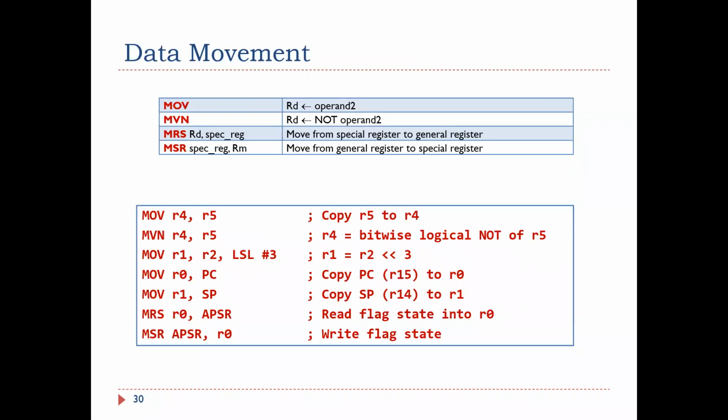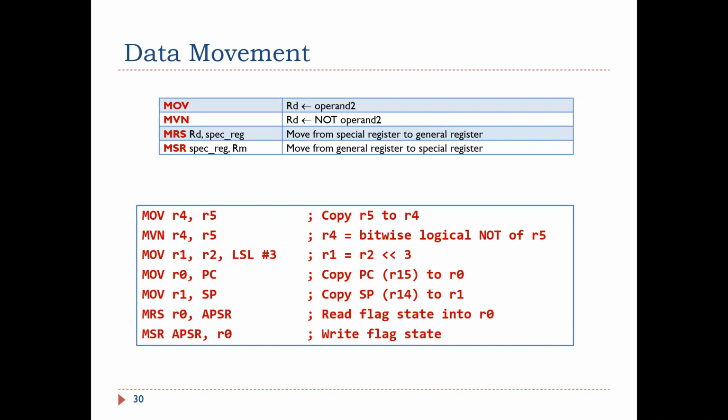Welcome. Okay, so next we are going to discuss the data movement operations. There are several of them, and the most frequently used one is MOV. The move operation is used to move data from one register to another register.